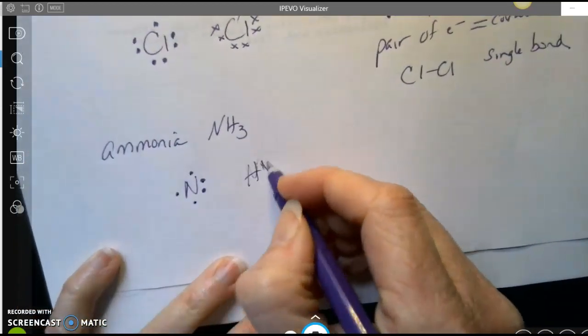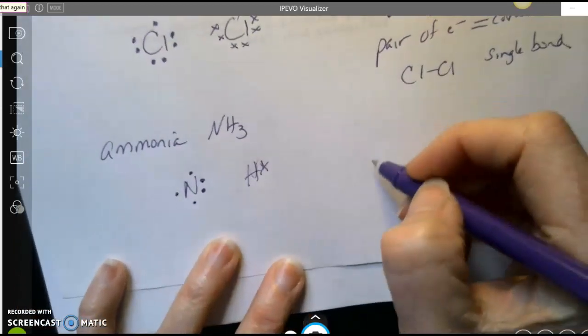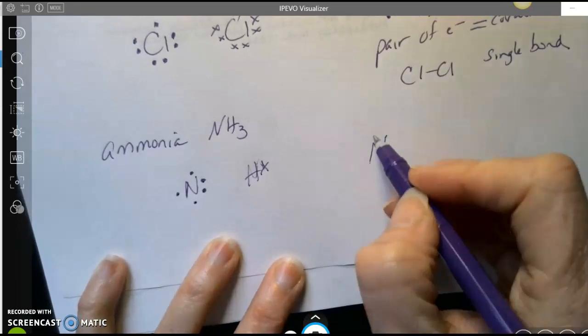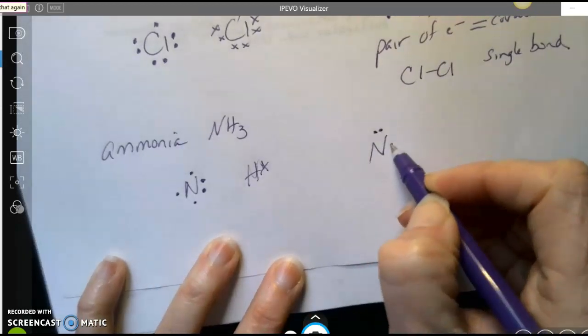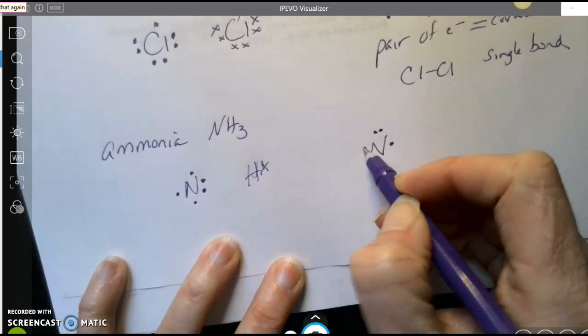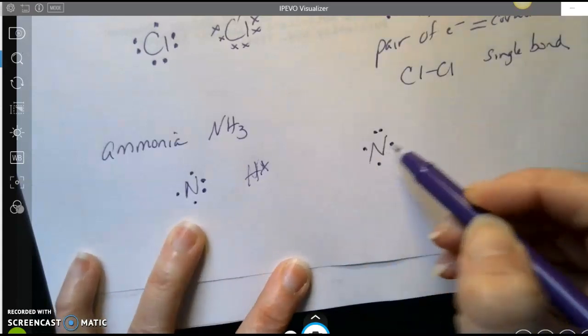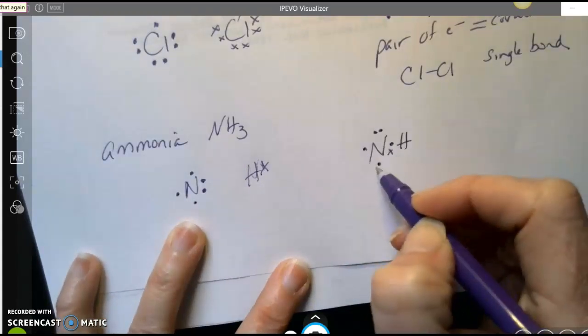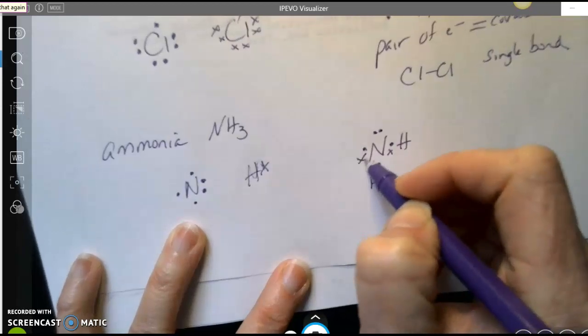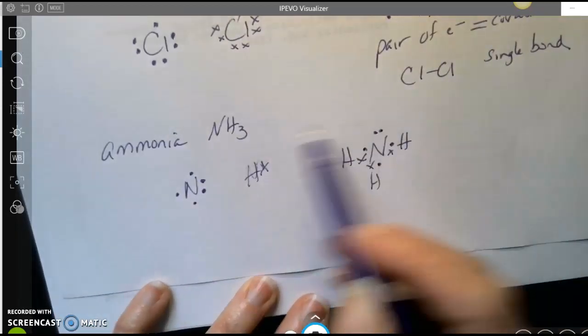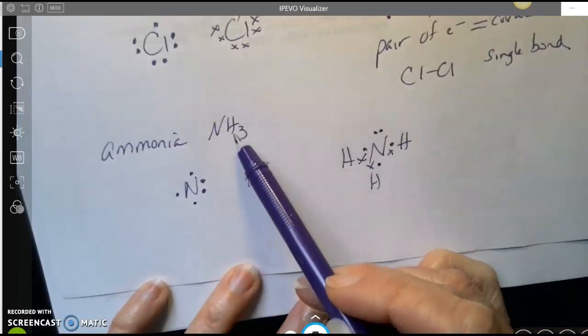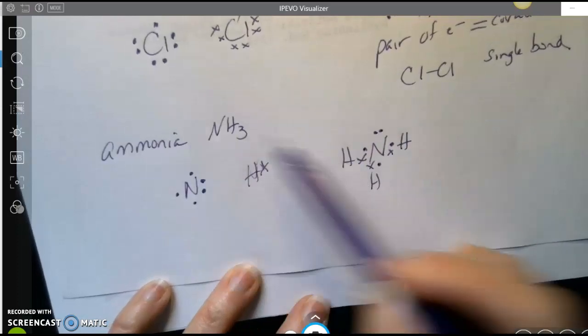Hydrogen is just going to be an X. So when I put those together, I might decide to put the paired electrons on top. Again, it doesn't matter as long as there's 3. So it's a very easily identified way of seeing how this is completed.